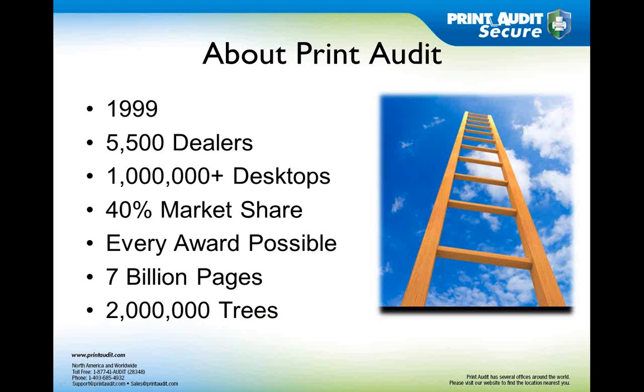And because of that, and Print Audit 6 and the monitoring and all of the software that we sell, we estimate that over the last few years, Print Audit has probably stopped about 2 million trees from needing to be cut down. So as paper consumption lowers or becomes more efficient, Print Audit is partially responsible, and everybody around here is very proud of that fact.